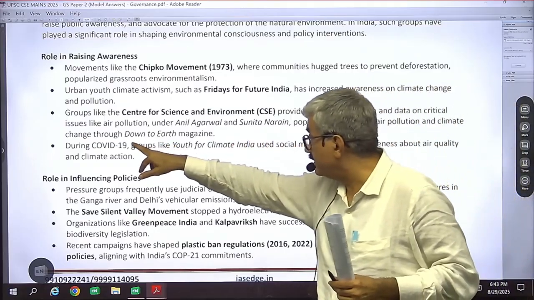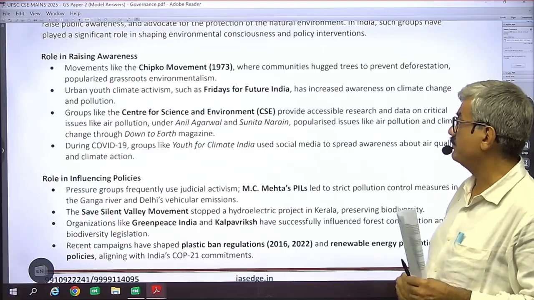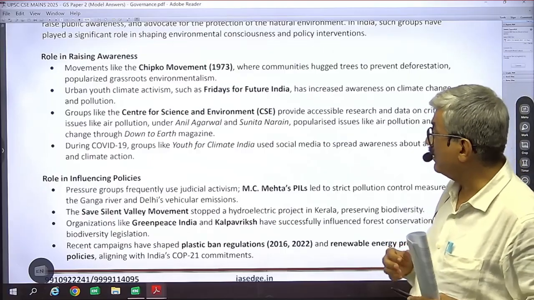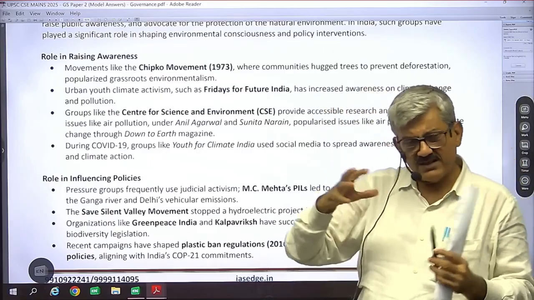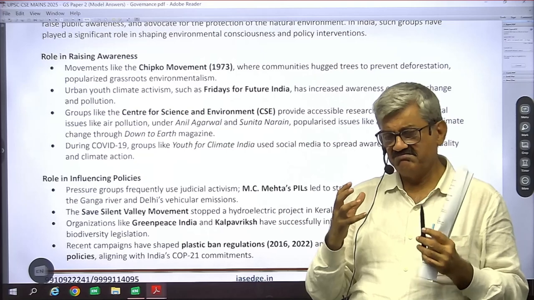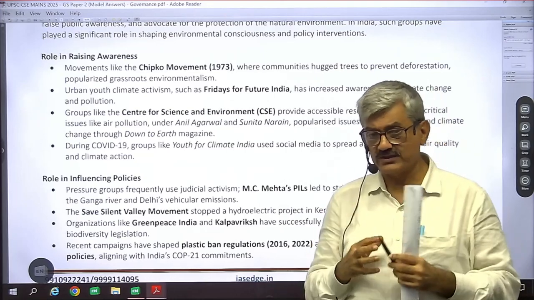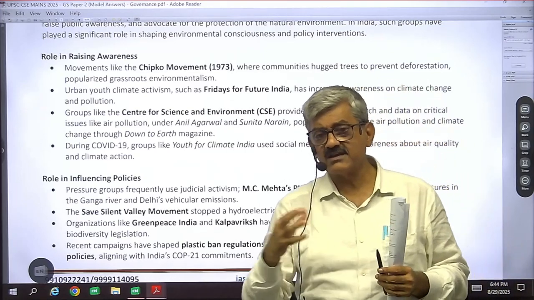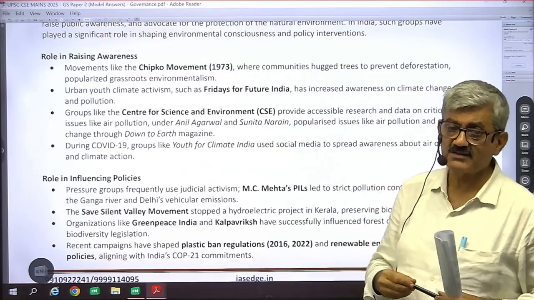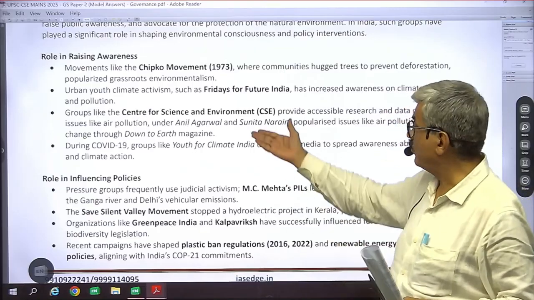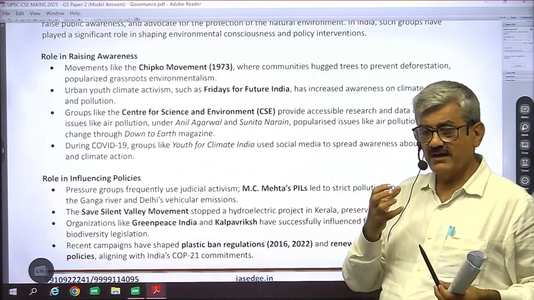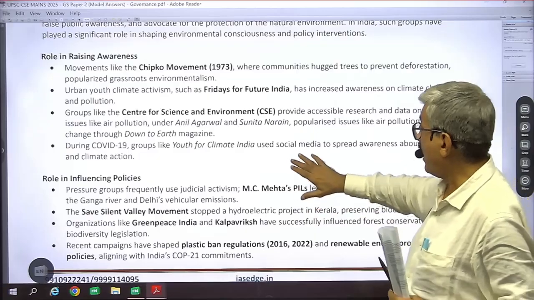And then they also publish a magazine called Down to Earth. So if we mention these institutions doing certain research work, encouraging research, making data available, that will enrich our answer.